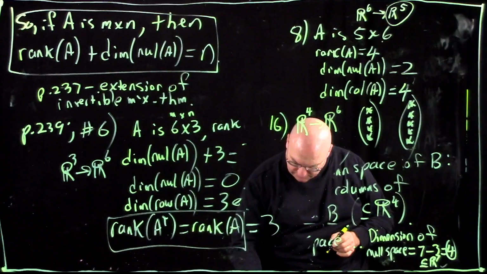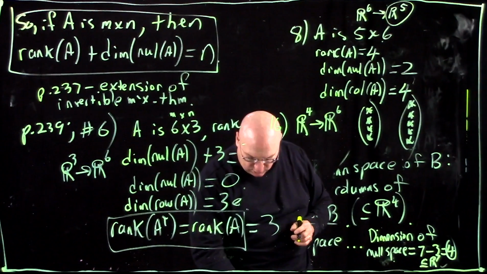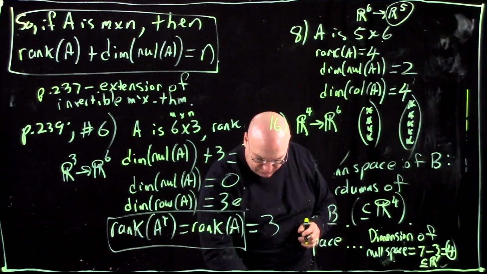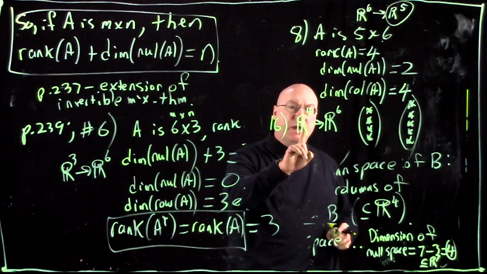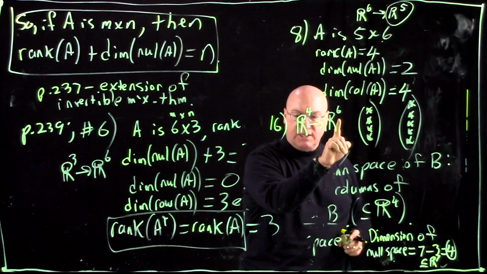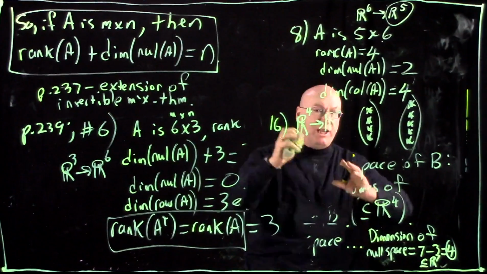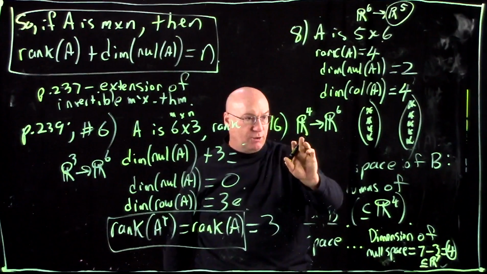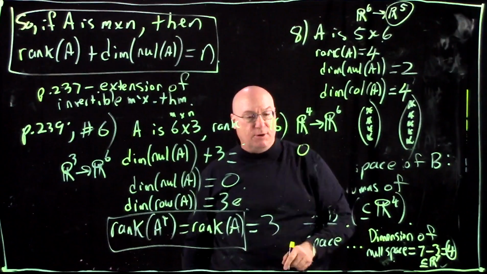Did I do that right? Yeah, it takes R4 to R6, that's it. What is the smallest possible dimension of the null space of A? Look, I have R4. Do I have room to dump all of R4 into R6? The answer is absolutely yes. So I don't have to squeeze away any dimensions over here. So the smallest possible dimension of the null space is 0.